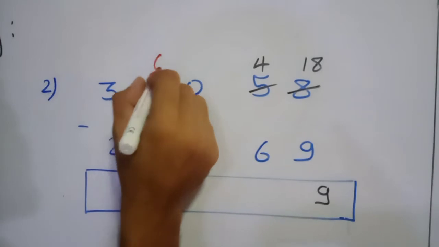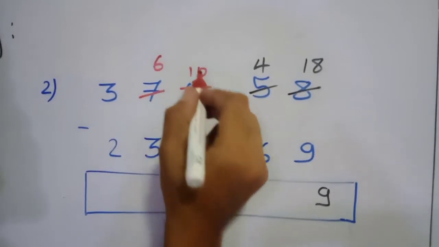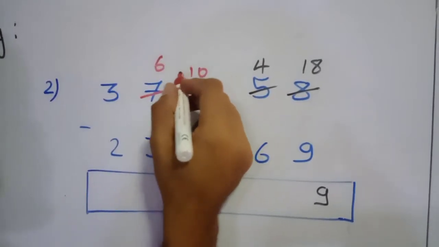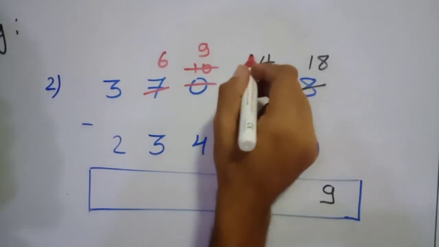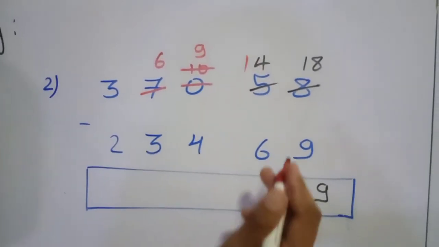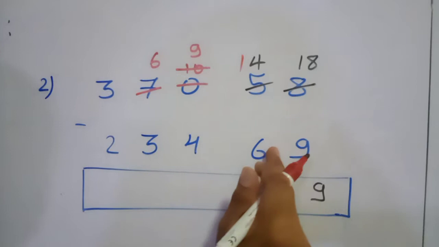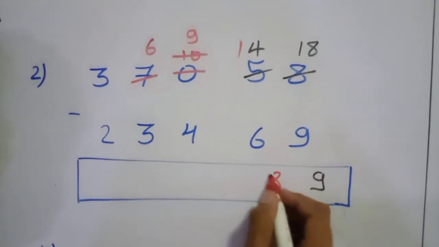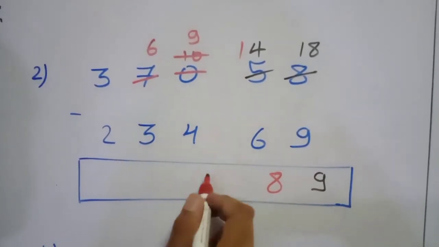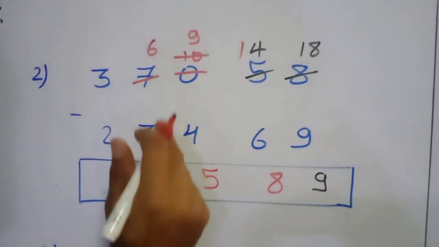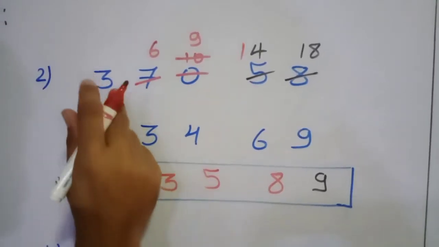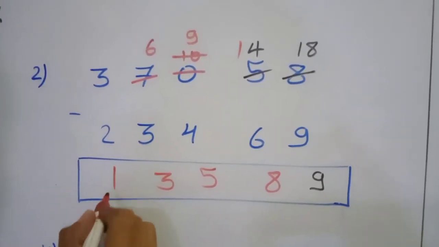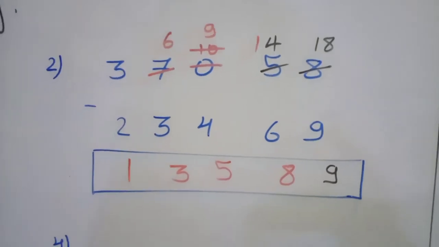This 7 becomes 6 and 0 becomes 10. Now this 10 becomes 9 and this 4 becomes 14. So 14 minus 6, 8. And 9 minus 4, 5. 6 minus 3, 3. 3 minus 2, 1. This way we can do the subtraction.